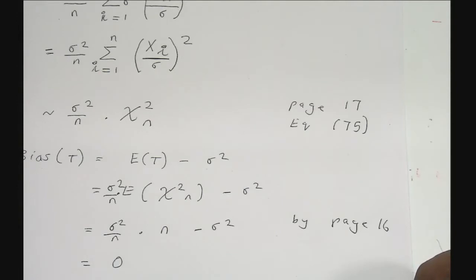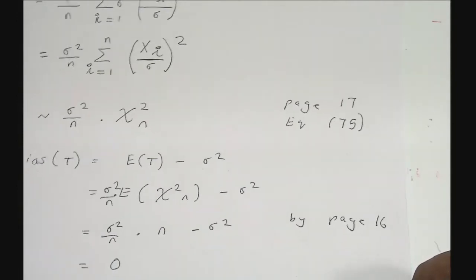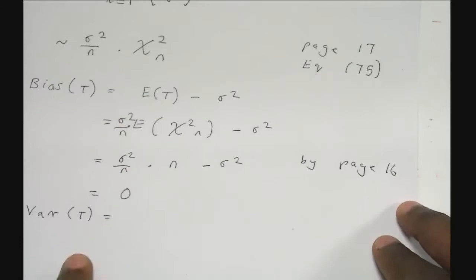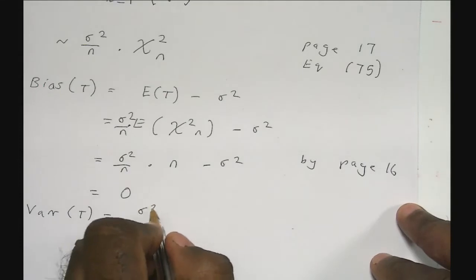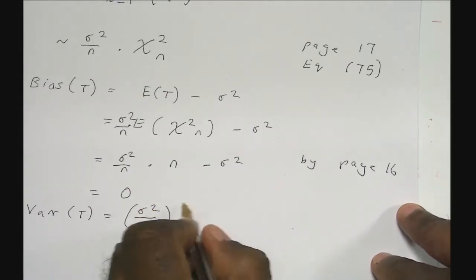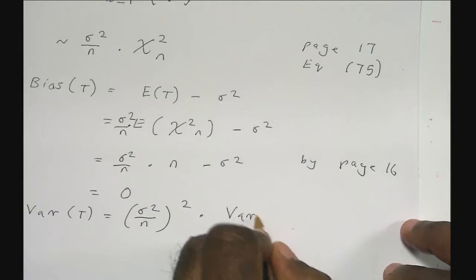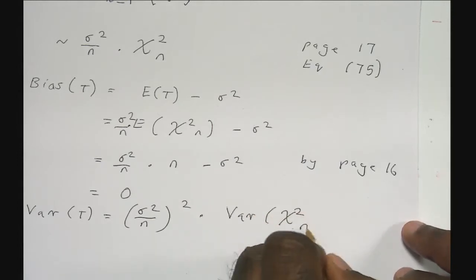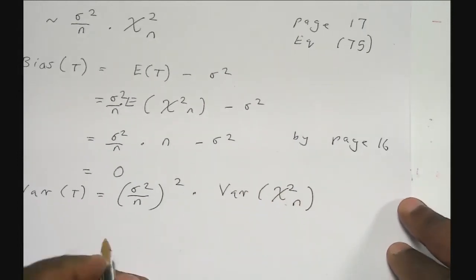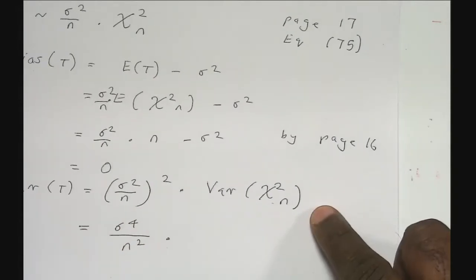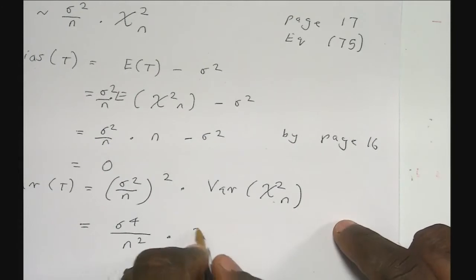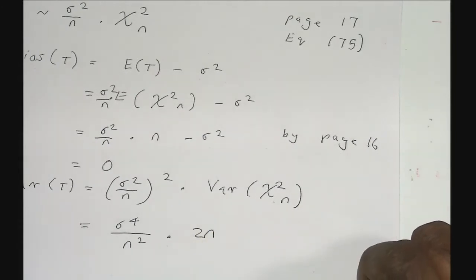Now to find the variance of T, which is the same as MSE because the bias is 0. Now the variance of a chi-squared variable with n degrees of freedom is 2 times n.